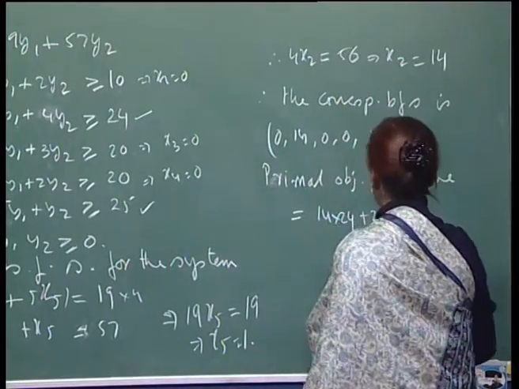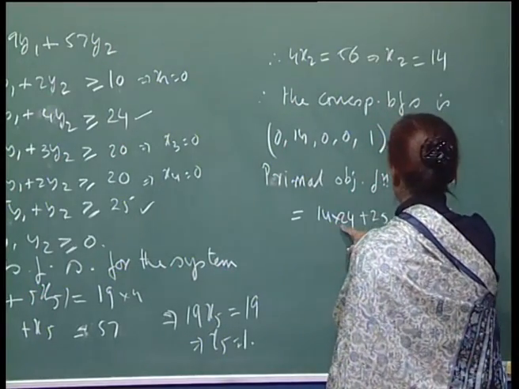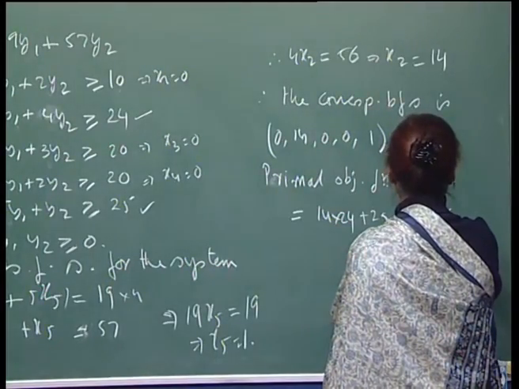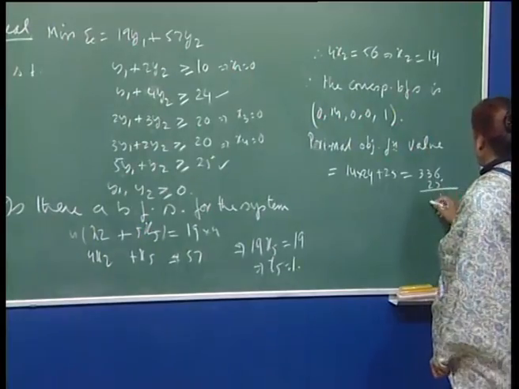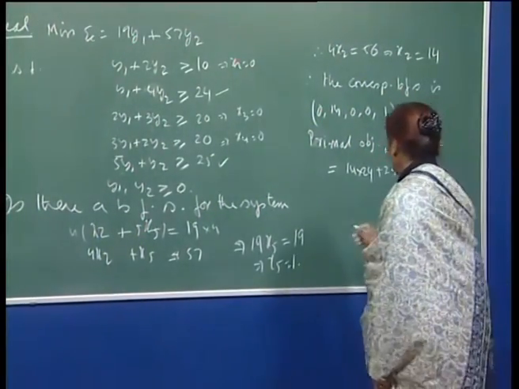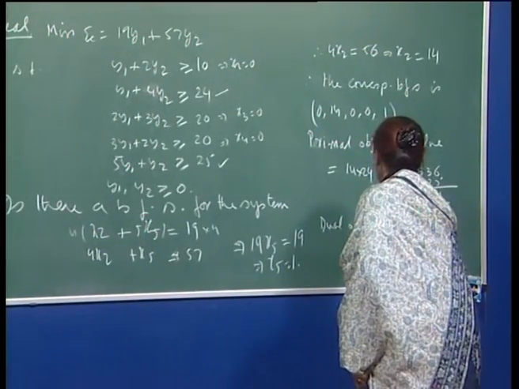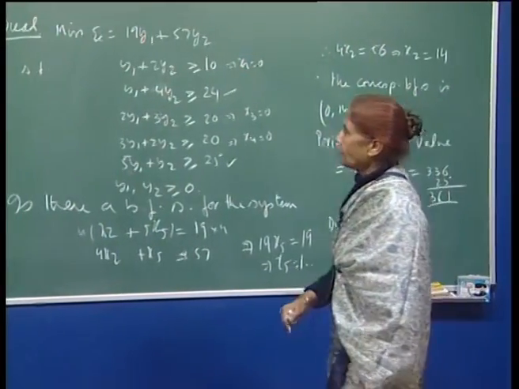Okay, let us quickly do the arithmetic. 4 4s are 56, 5 4 2s are 28, 28 and 3 is 33. So, this is 1, 5 and 6, 361, right. And the dual objective function is equal to 4 and 5 y1.